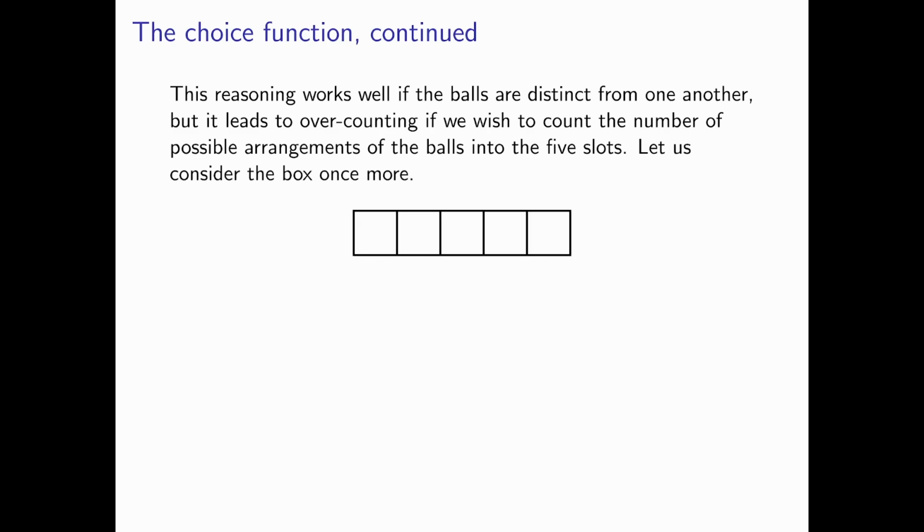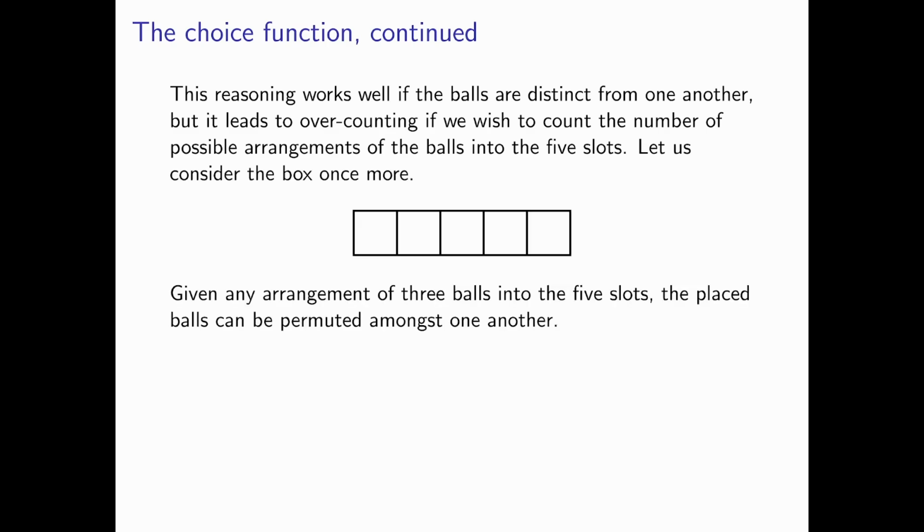So let us consider the box once more. Given any arrangement of the 3 balls into the 5 slots, the placed balls can be permuted amongst one another. So for instance, if I have these 3 balls placed out, I can simply say that one of them is the first ball, and one of them is the second ball, and one of them is the third ball. So for instance, I can just claim that this ball is number 1, or I can claim that this ball is the first ball, or this ball is the first ball.